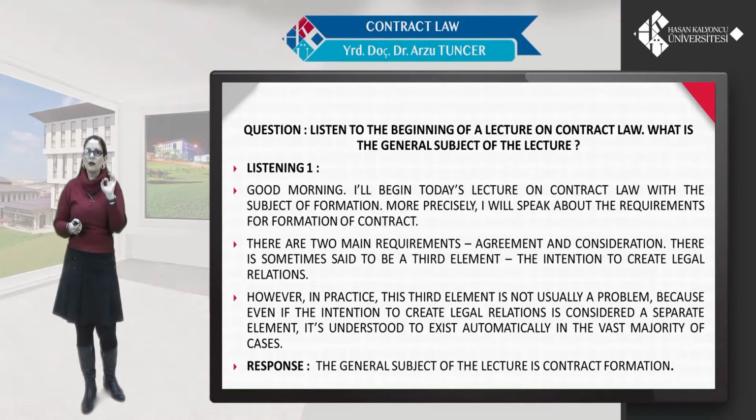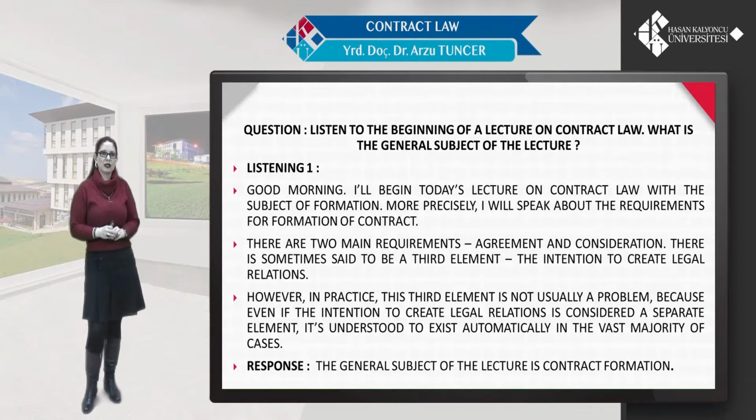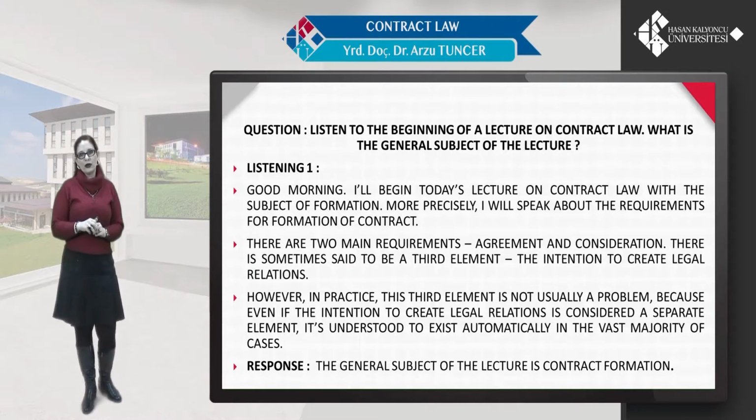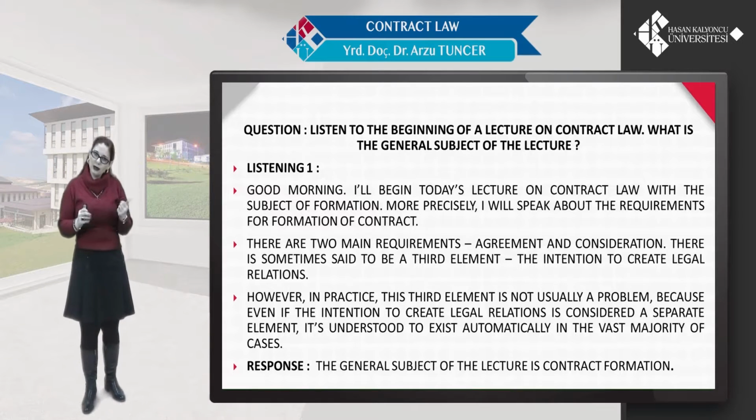So, listen to the beginning of the lecture on contract law. What is the general subject of the lecture? Okay, I'm going to read something to you here. Good morning. I'll begin today's lecture on contract law with the subject of formation. More precisely, I will speak about the requirements for formation of contract. There are two main requirements: agreement and consideration.